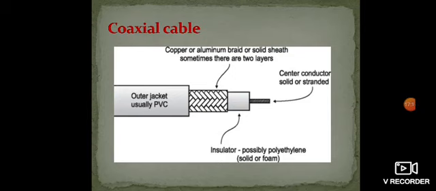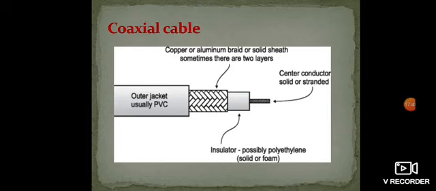That interference can be removed by this braid. A braid is nothing but a woven shield, made up of copper or aluminium, acting as a braid for our device, that is the cable. It is covered with an insulator, and the whole thing is insulated with a plastic sheet.